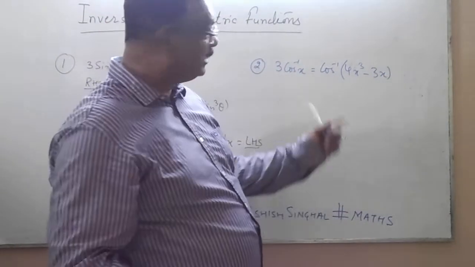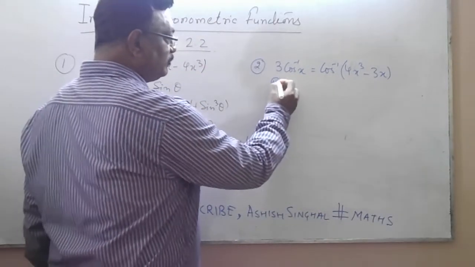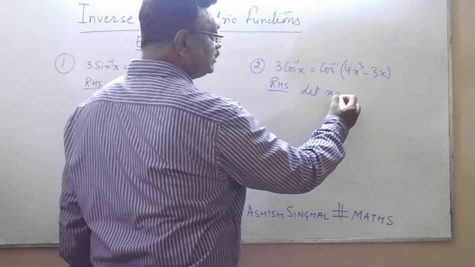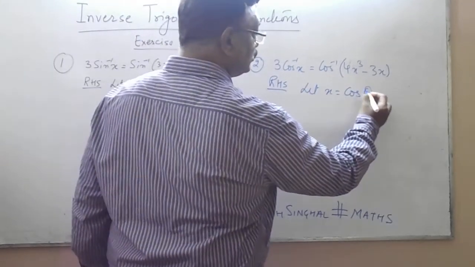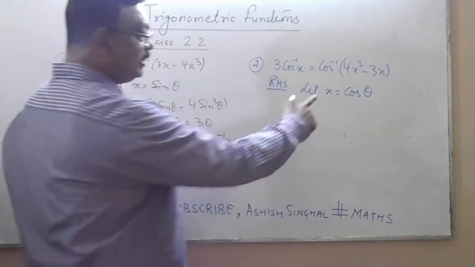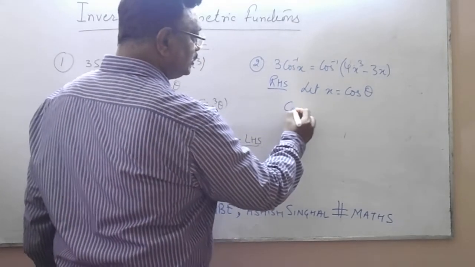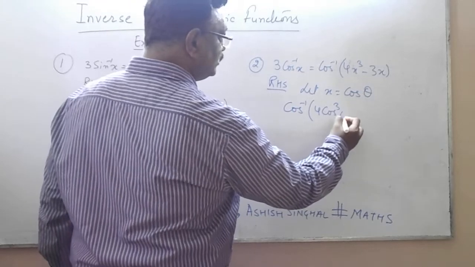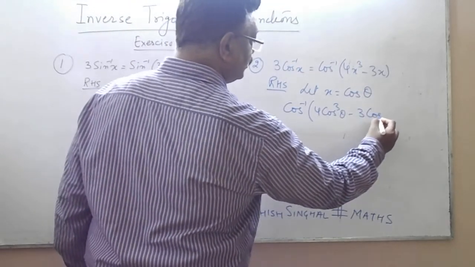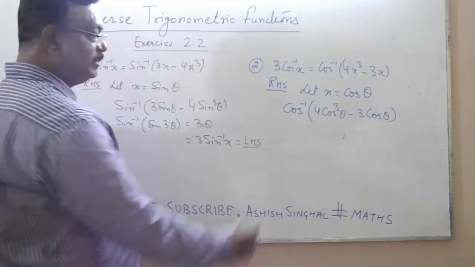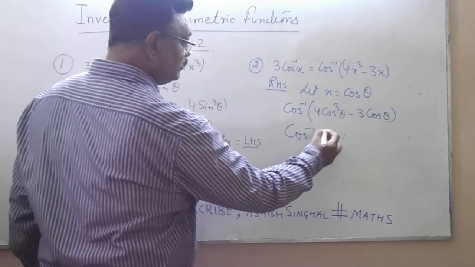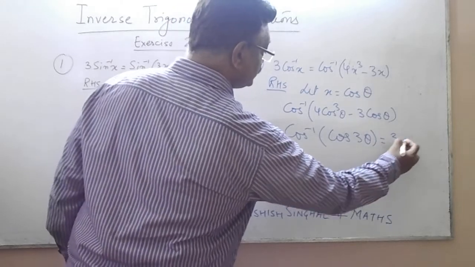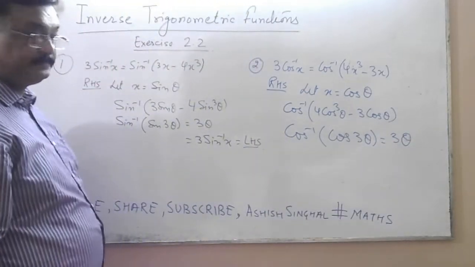Again friends, in this we can start from the right hand side and we assume, let x is equal to cos theta. So when you put x is equal to cos theta, this becomes cos inverse (4 cos cube theta minus 3 cos theta). This is again the identity for cos 3 theta, and this gives us 3 theta.